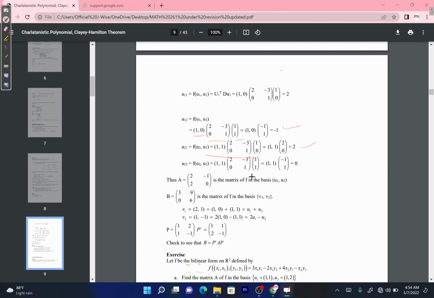A22 is u2 transpose D u2. When you solve it, you get 0. So now you know our A11 to be 2, A12 to be -1, A21 to be 2, and A22 to be 0. So we can form our matrix A. That's the matrix A. Now let's move on to the second question.